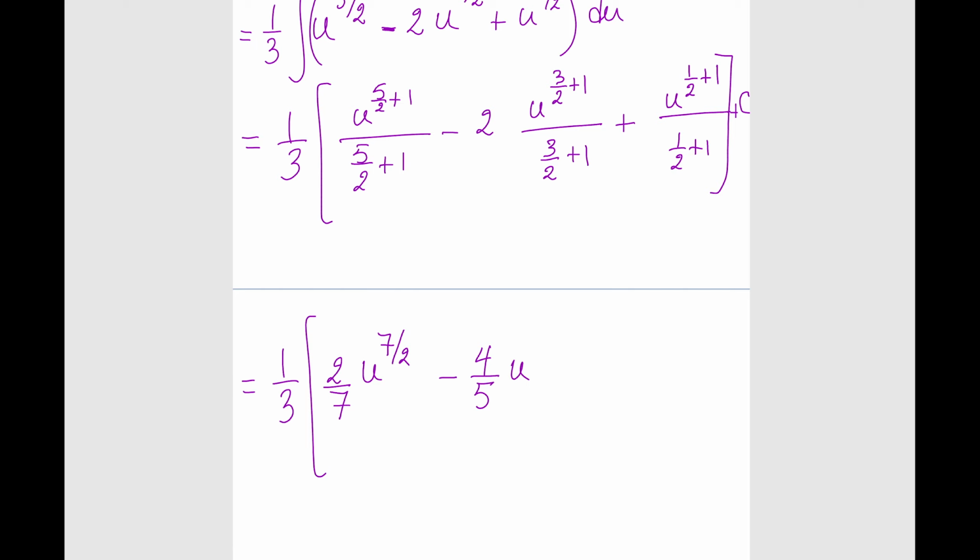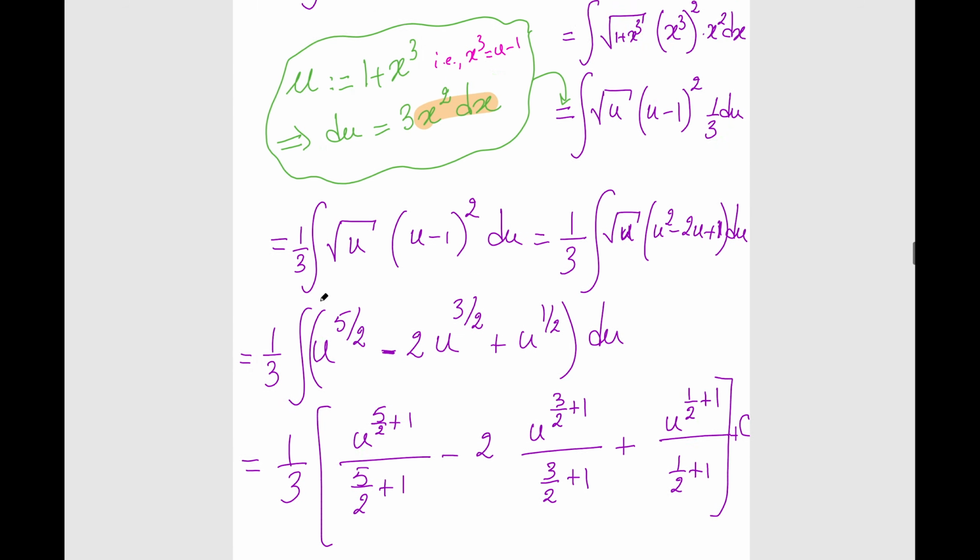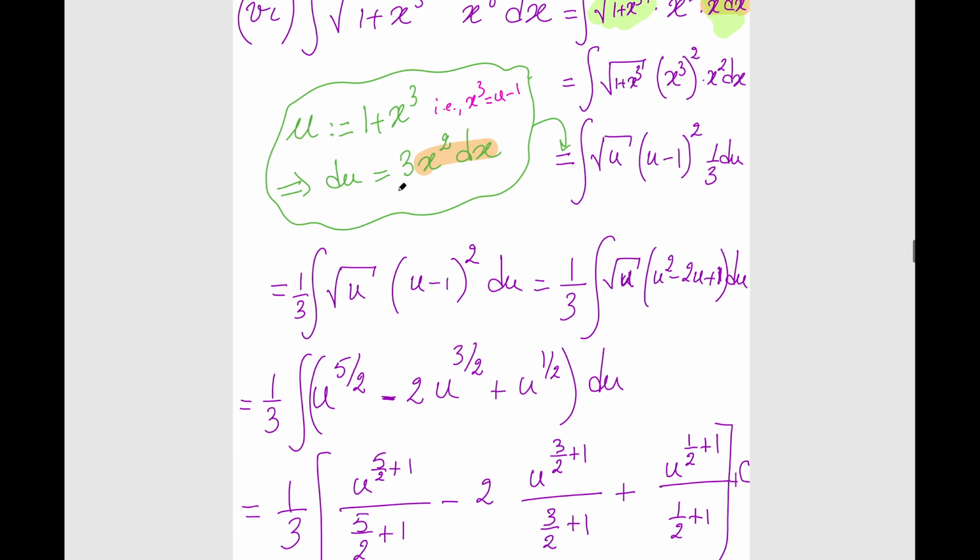U to power 5 over 2, correct? Plus, this is 3 halves, so u to power 3 halves, and dividing by 3 halves is the same as multiplying by 2/3, plus the constant of integration. All right, last step. Let's replace what u means for us. And what did u mean? It meant 1 plus x cubed, right?